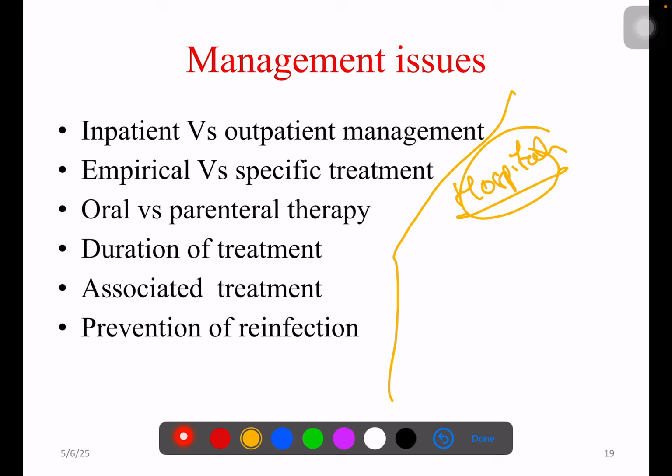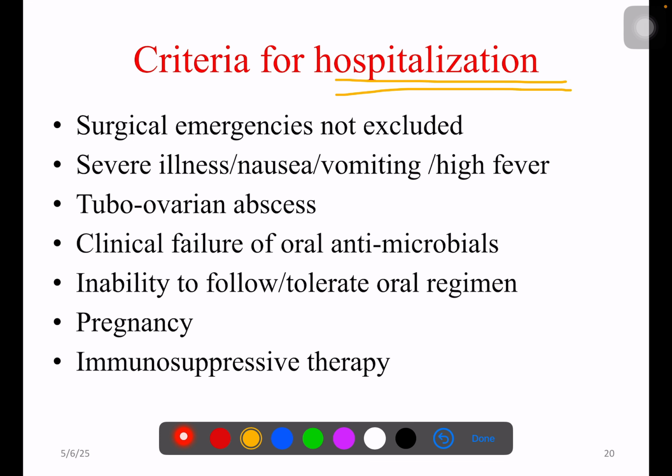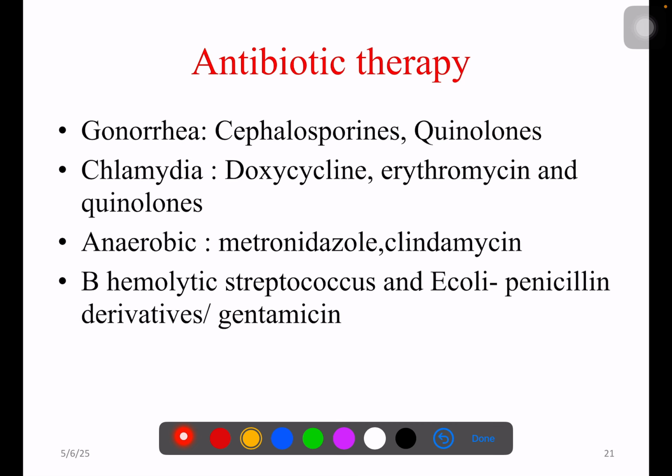Number two, if PID is associated with fever, tubo-ovarian abscess, if the patient is pregnant, if she's HIV positive, and there's severe illness, nausea, vomiting. Surgical emergencies could not be ruled out, severe illness, tubo-ovarian abscess, clinical failure of oral antibiotics, resistance.